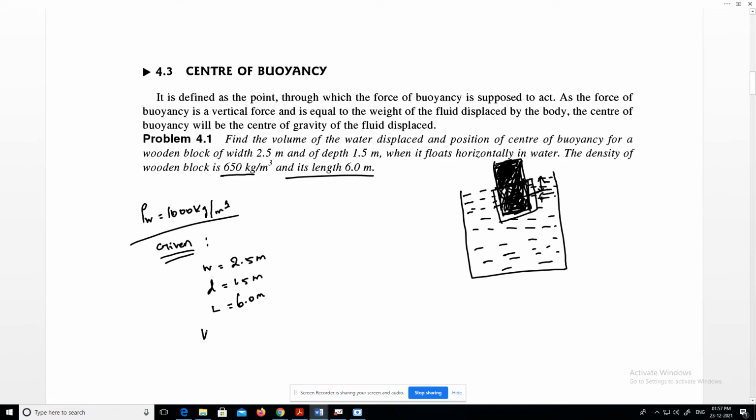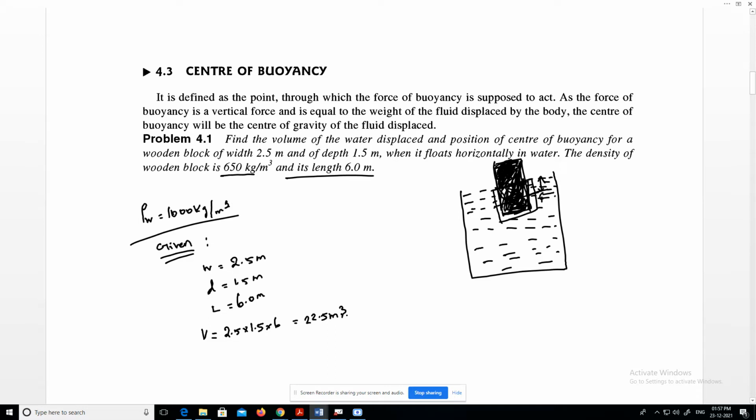How do you find the volume of the cuboid? You have to multiply all dimensions: 2.5 into 1.5 into 6. How do you calculate without a calculator? 2.5 into 6 is 15. 15 into 1.5 is 22.5 meter cube.